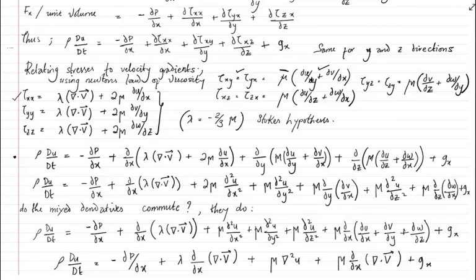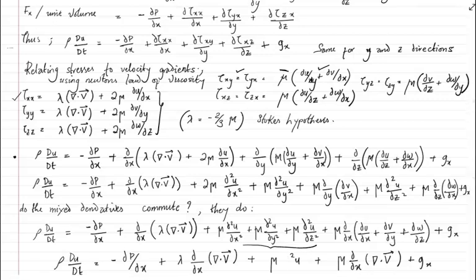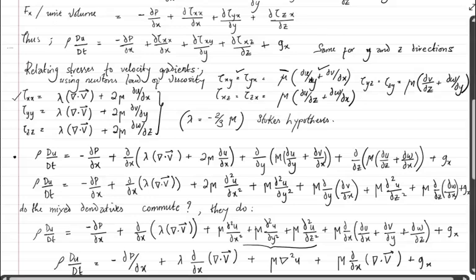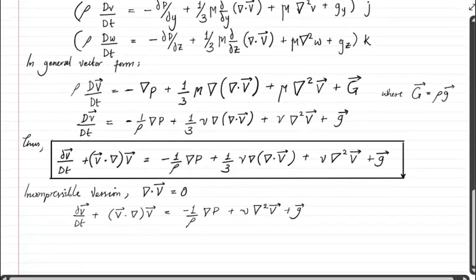After having that, we went down to this. If you look closely, you could notice that it looks familiar. This is the Laplacian of u. So I split this into the Laplacian of u, and that relates to the viscosity. I could call that a diffusion term of velocity due to viscosity.